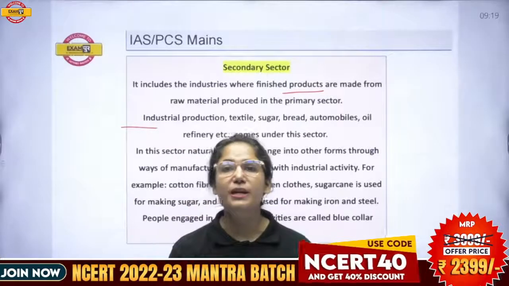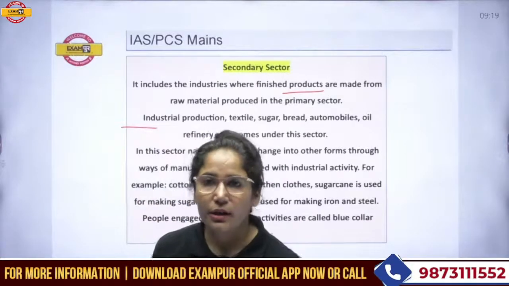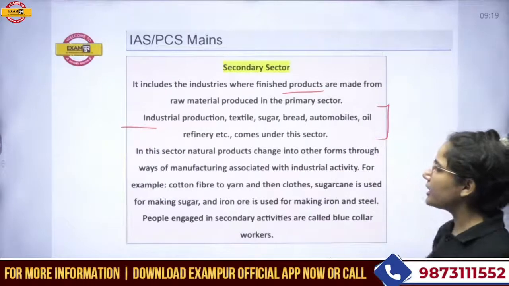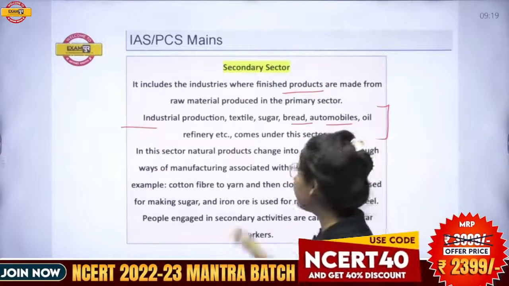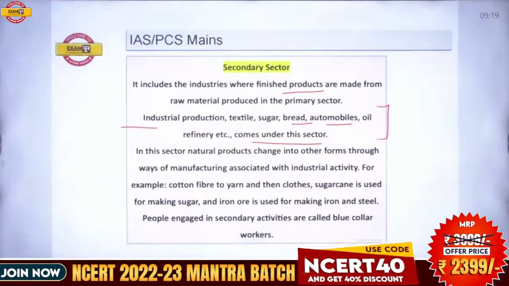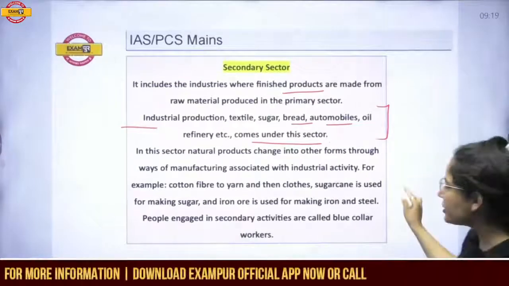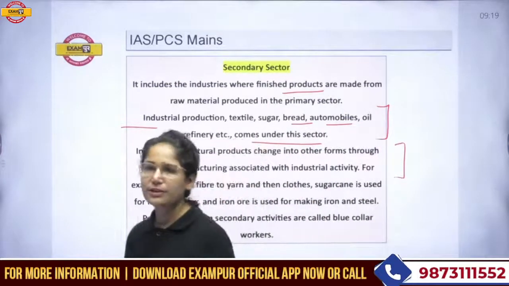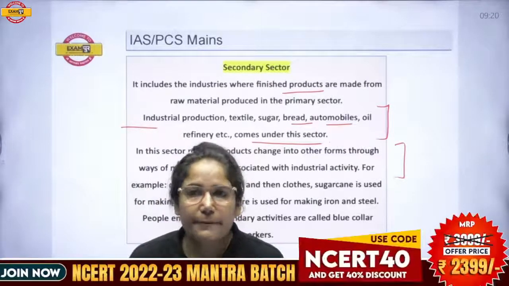But if cotton is transformed into cloth, we can use it. This task has been given to the industrial part. Production of textile, sugar, bread, automobile, refinery comes under this sector. In this sector, natural resources change into other forms through manufacturing, in which we are lagging behind very immensely.